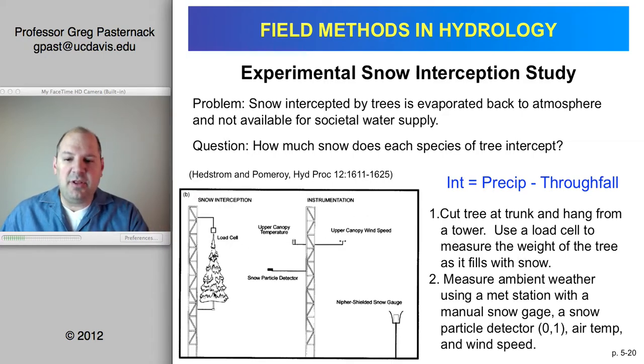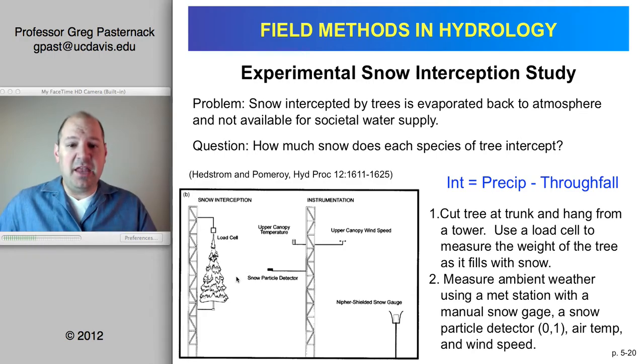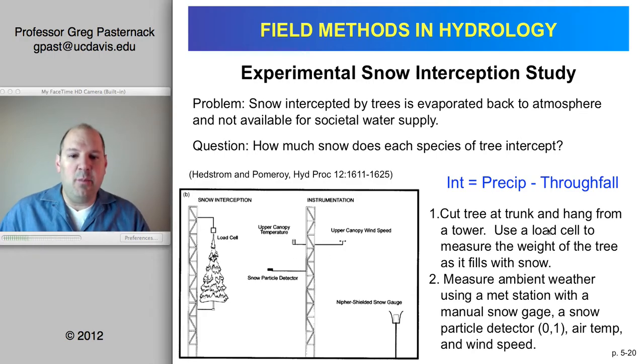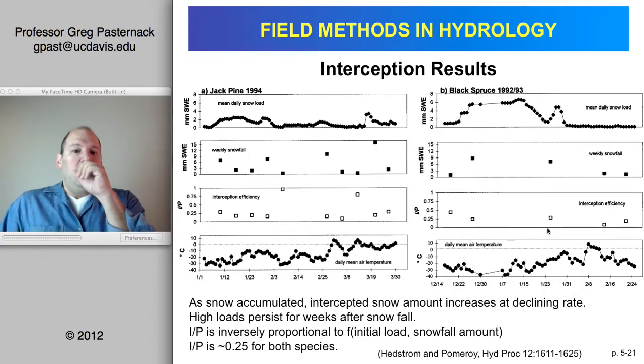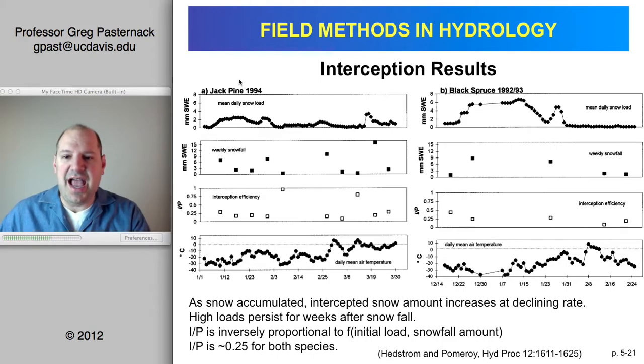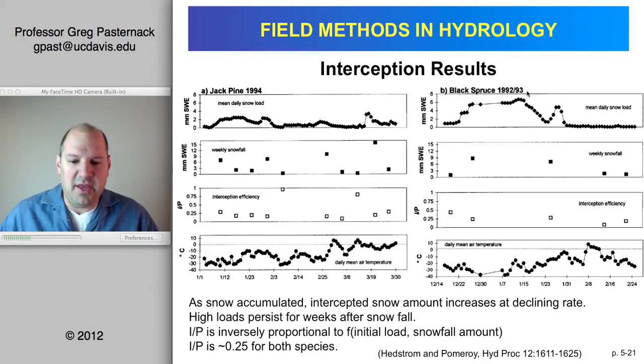And if you separately measure the snow, you can see the accumulation of snow, and then you can see the evaporation of it and what's driving that. And you can do that for different species of trees. So here are the results for a jack pine in 1994 and a black spruce in 1992-93.